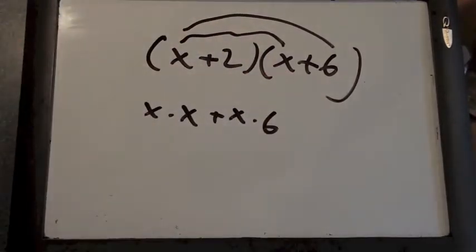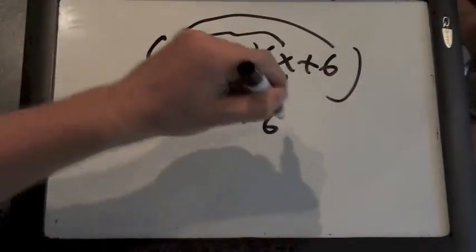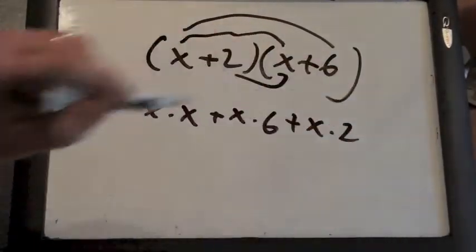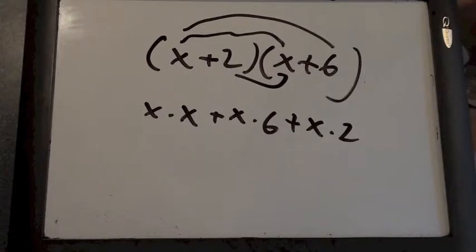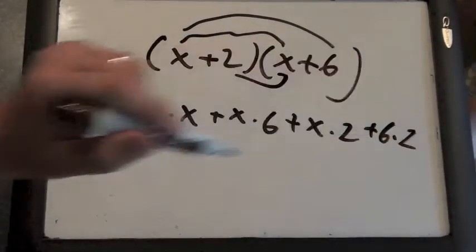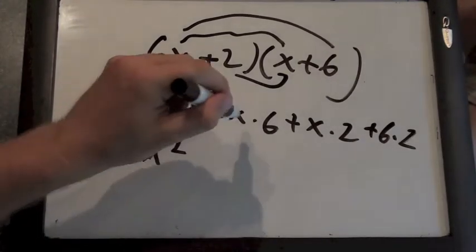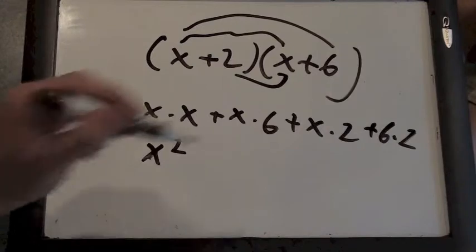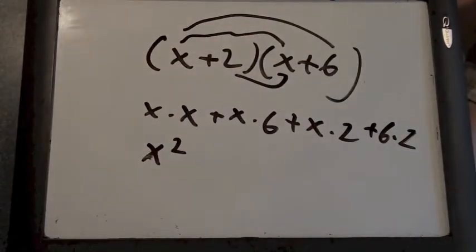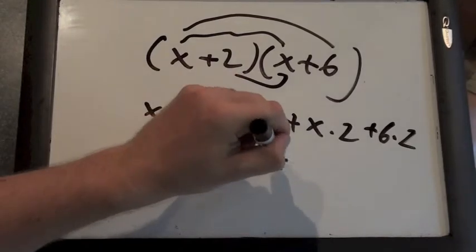Where does the x times 2 come from? Maybe that. And then there's the 6 times 2. Okay, and what is x times x? It's x squared. What is x times 6? 6x. That's 2 times x. 2x, so 8x. 8x and 12.